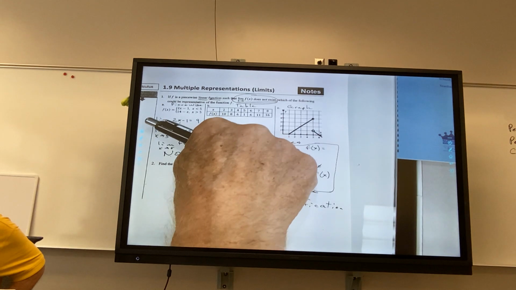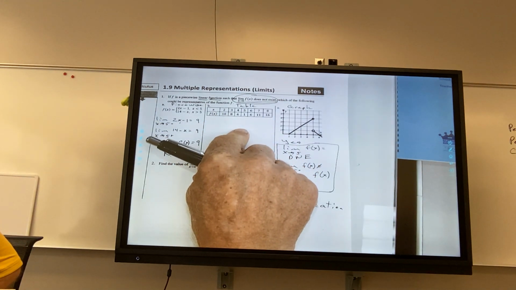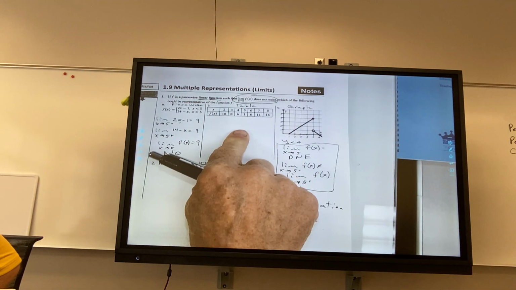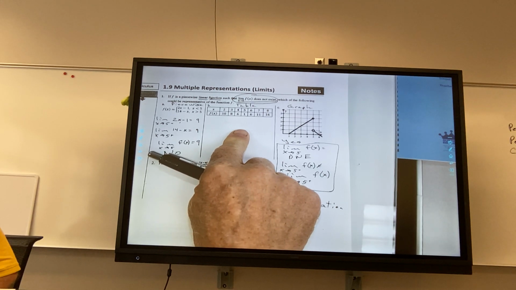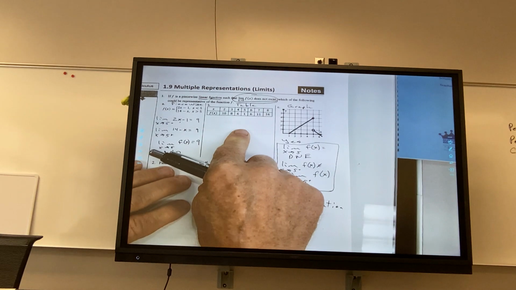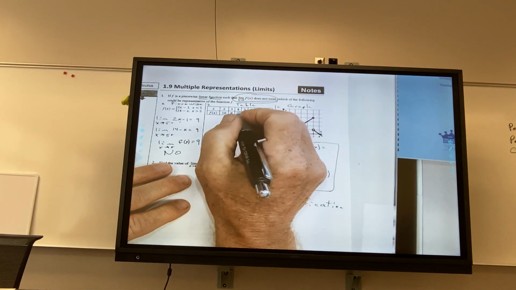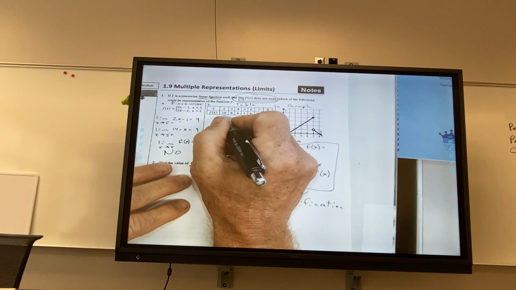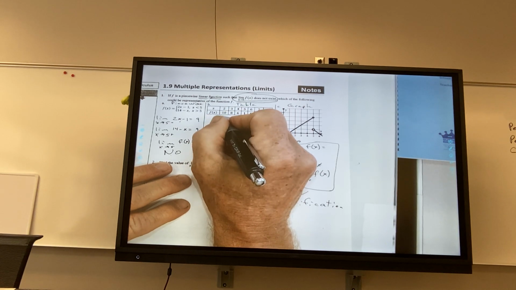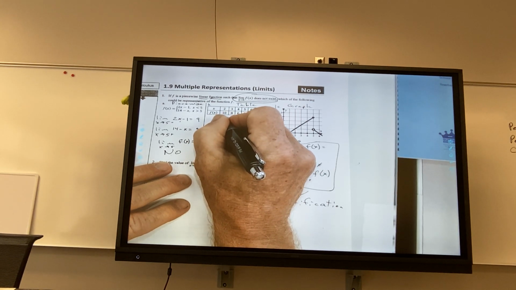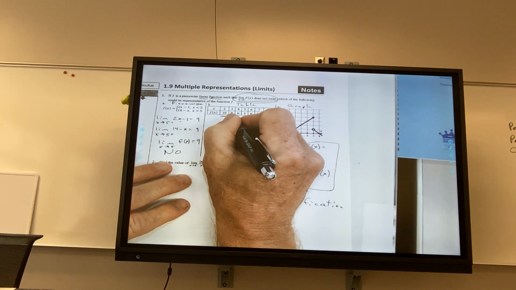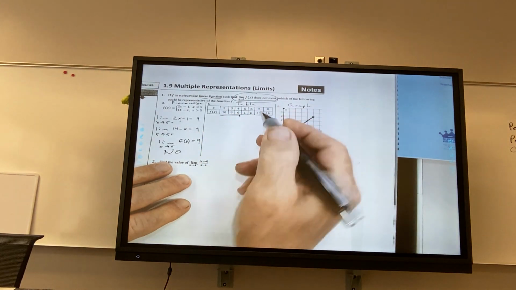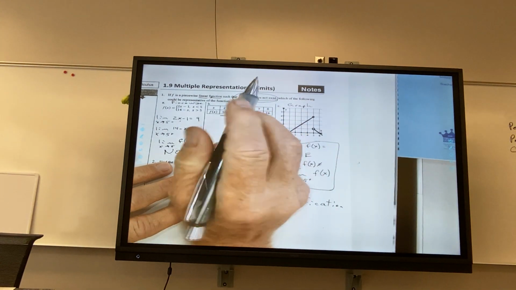This one, I think, is the hardest. Okay. Notice this. As I'm approaching 5, my points are, and it's linear.